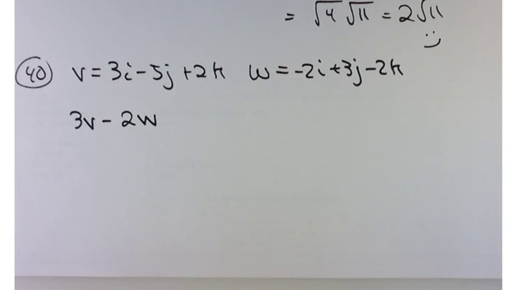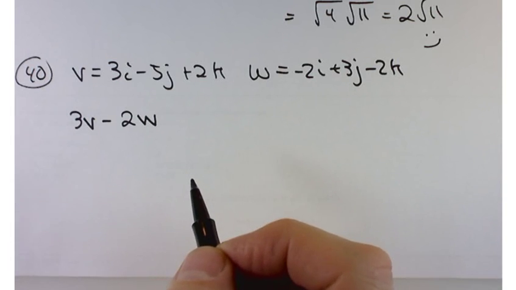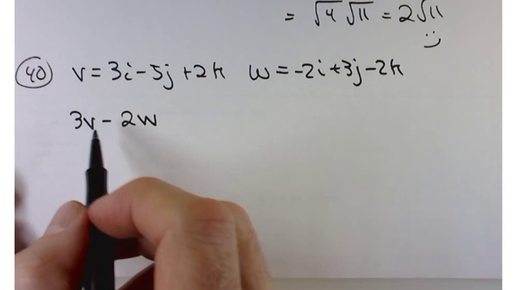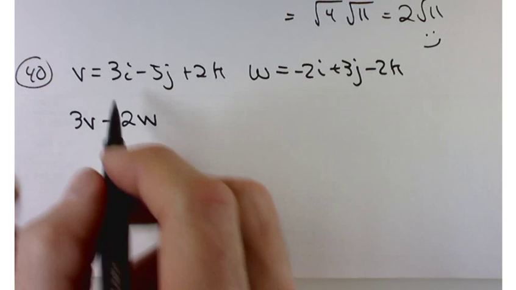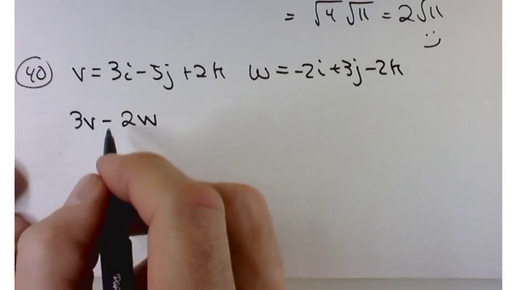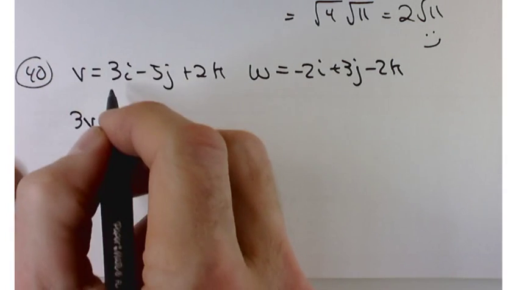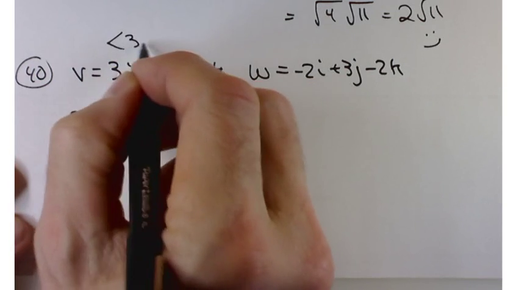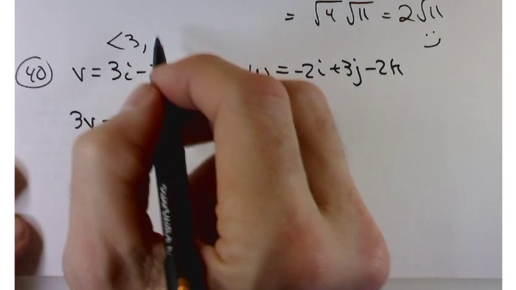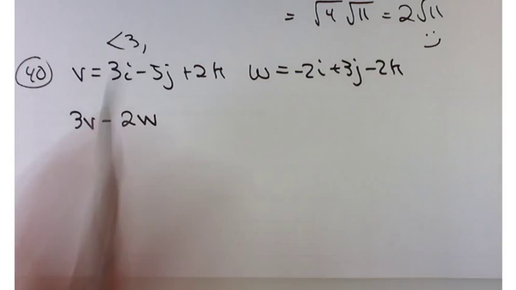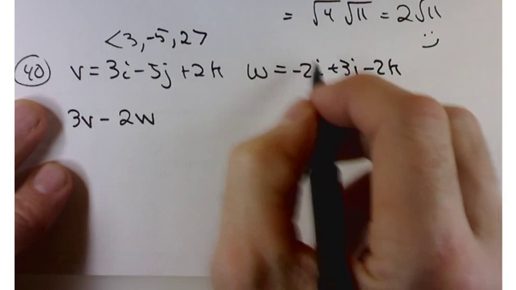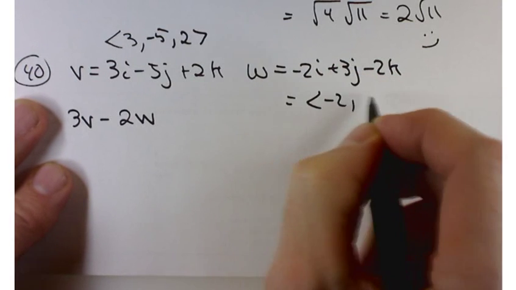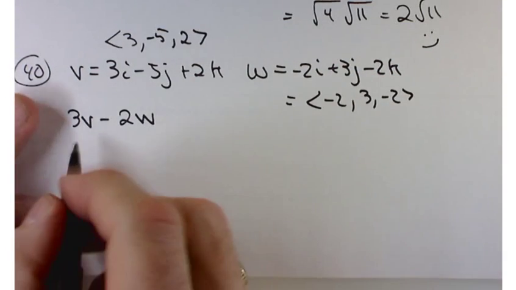So let's write it out. Yeah, I will go to the angled bracket notation. If I write this with those angled brackets, v would be 3, negative 5, and 2. And w would be negative 2, 3, and negative 2.